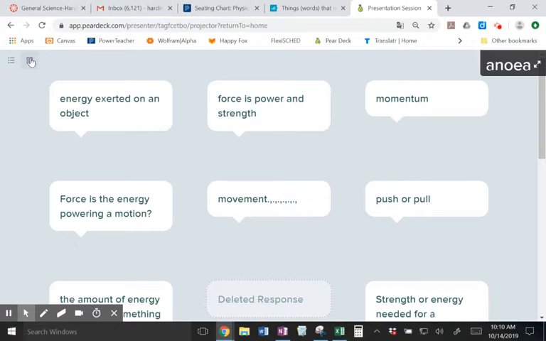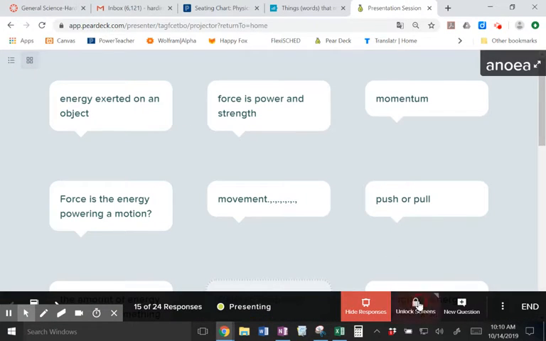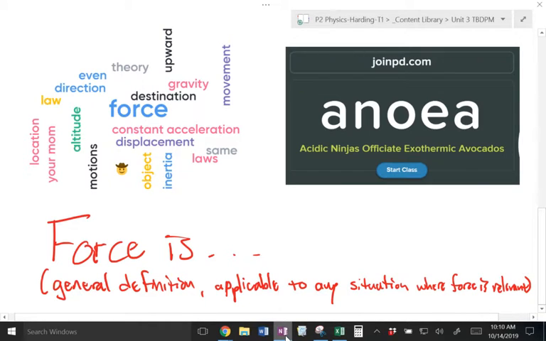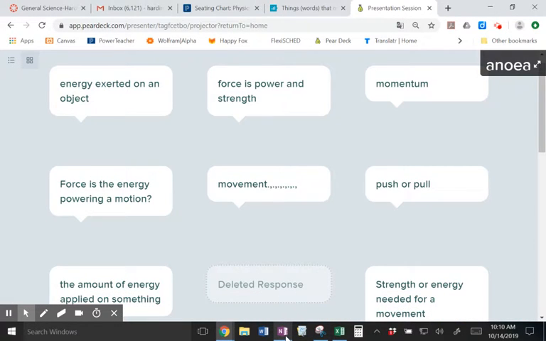All right, let's call that a day there. This word didn't show up in your Wordle at all, but it's all over the place here.